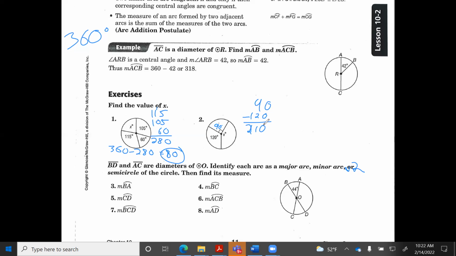So then we have 360 minus 210. Gives us a total of 150. This is the plus. Yeah, that was plus. That's minus. Hold on.